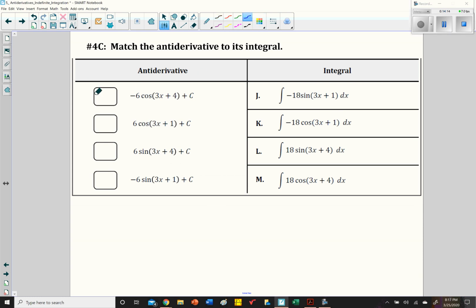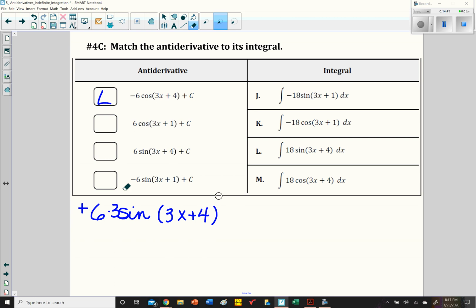I think this is going to be L. So negative 6, and the derivative of cosine is sine, but it's negative. And then by the chain rule, the derivative of 3x plus 4 is 3. So multiplying 6 times 3 is 18. That would be this one, 18 sine 3x plus 4.